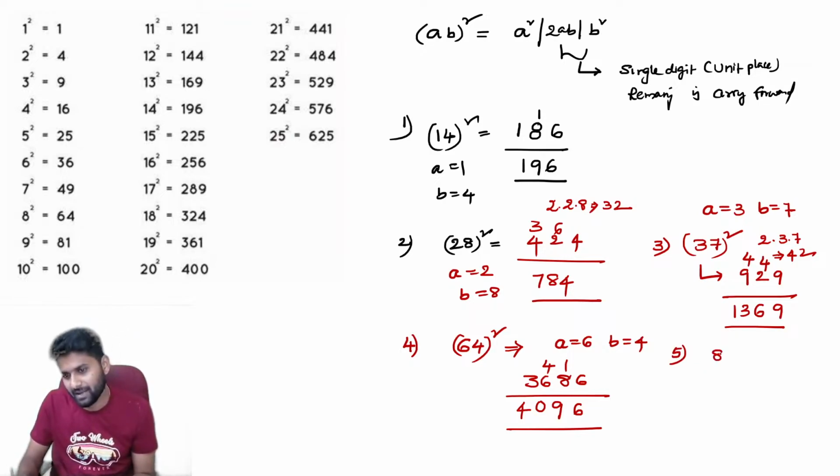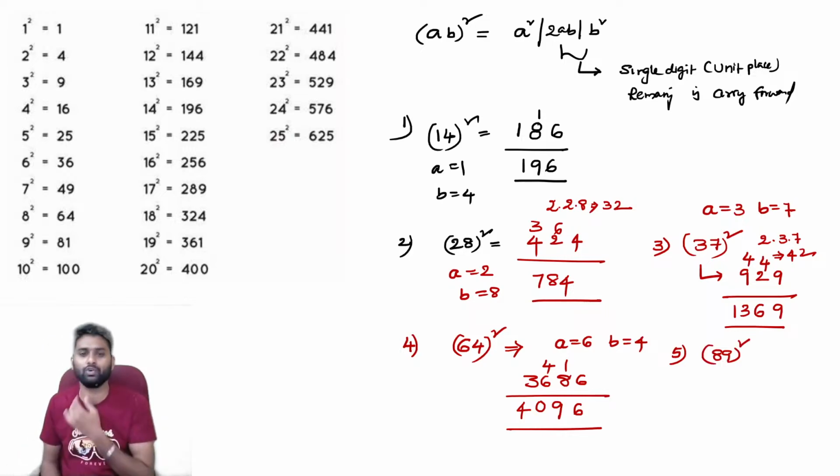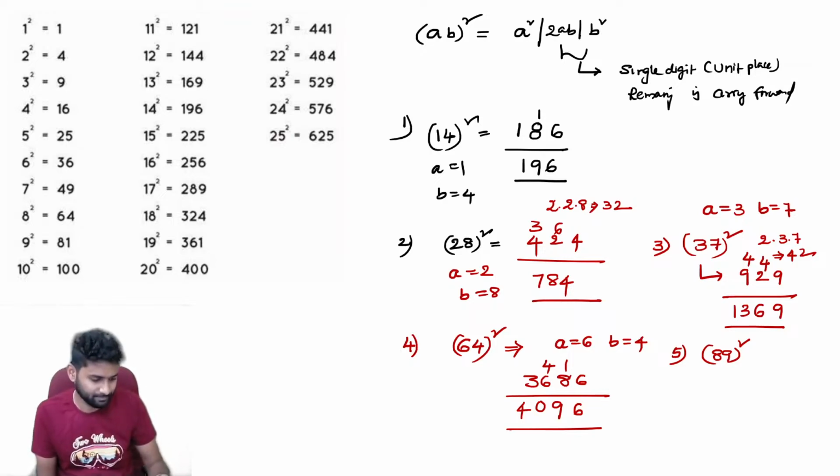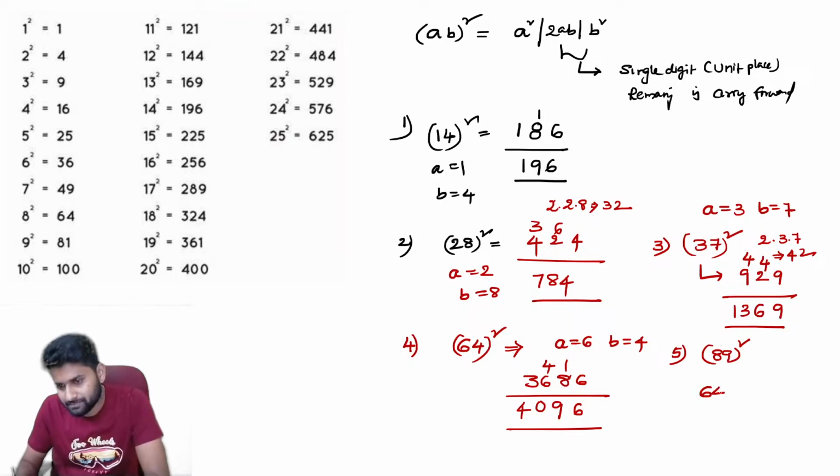Let's take the last one. 89 whole square. Make it fast. 89 whole square. 89 square. 8 square is 64. 8 nines are 72, multiplied by 2 is 144. 4 and 14, you have to carry. 9 square is 81. 1, 8 is carry.